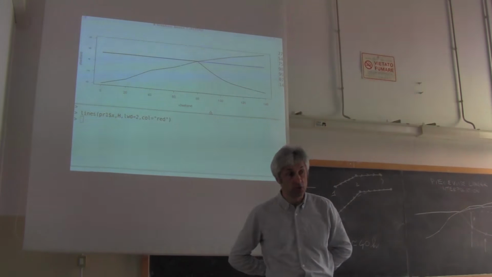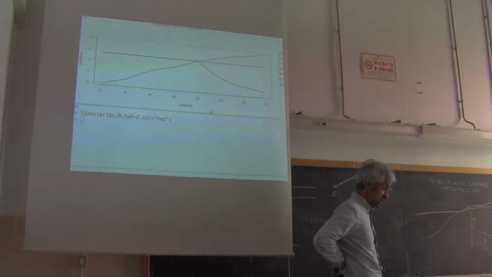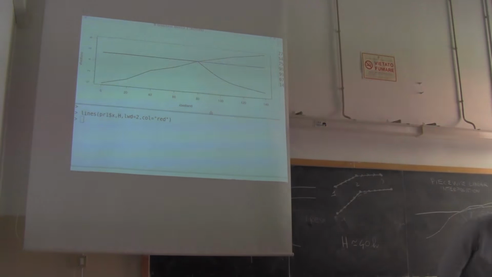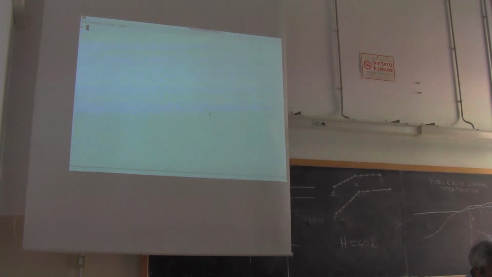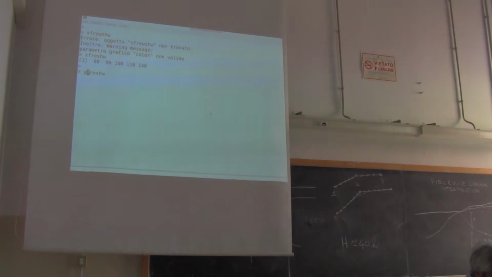This is the first consideration that I would like to make. So let's do this then. First, let's remember that we still have the coordinates of the freshwater profile, not interpolated. These are the x and these are the y's.